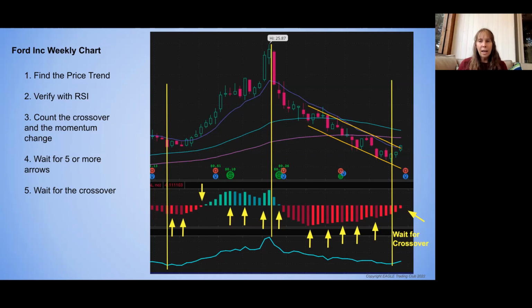So look at it by the weekly and try to determine if you're ready to get in or not. Then you can break it down into a daily chart and do your other analysis, apply your stochastics and look at the volume and all the other technical indicators that we've been looking at. But this is a way to look at the big picture to find these trend shifts.